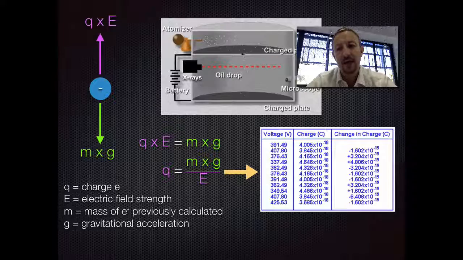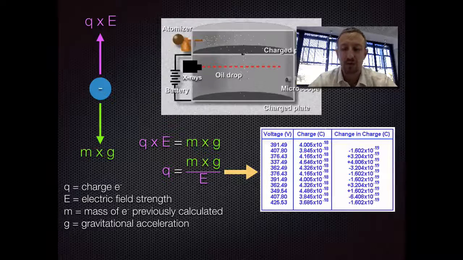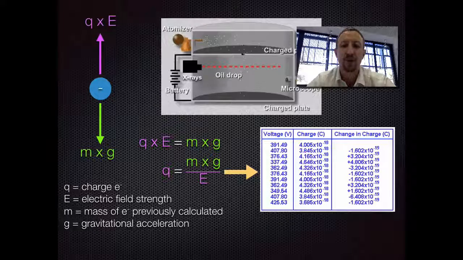So he was able to work out the change in charge as we move from one voltage to another. And what he noticed is that the change in charge went up by a certain number, and that number was based on the electrons that were added to the oil drop.